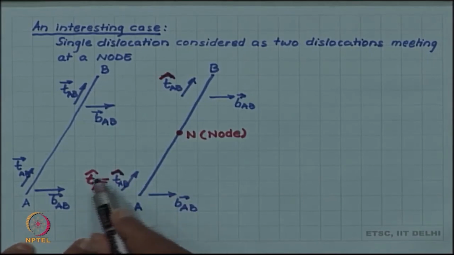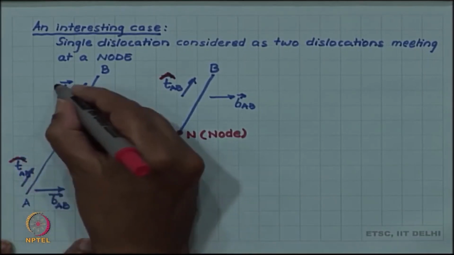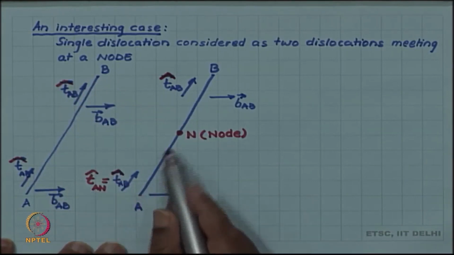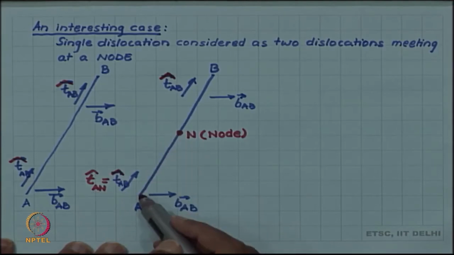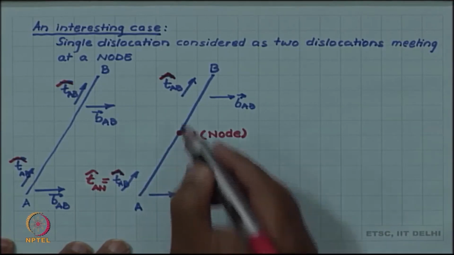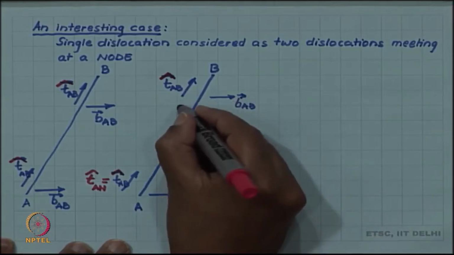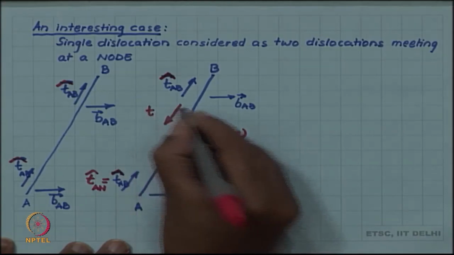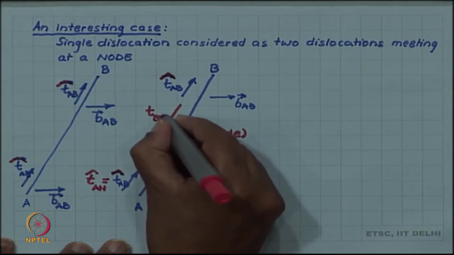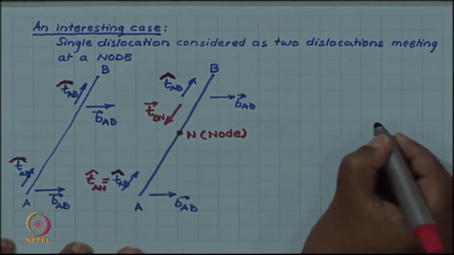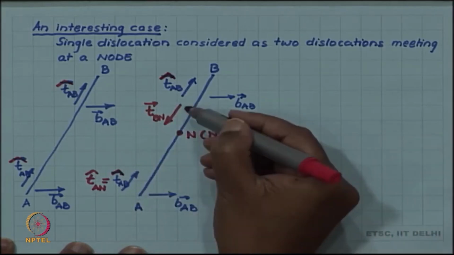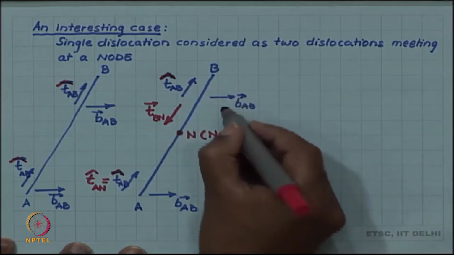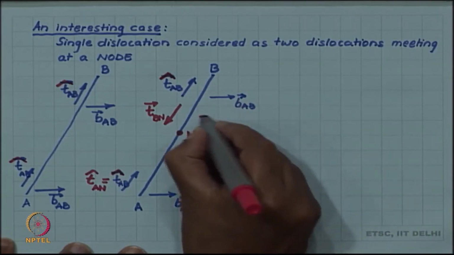If I take the AN tangent vector for the AN dislocation same as t_AB, then for the BN dislocation I have to flip the tangent vector to be pointing towards the node, like this. And you know that if I flip the tangent vector, then the Burgers vector will also get flipped.